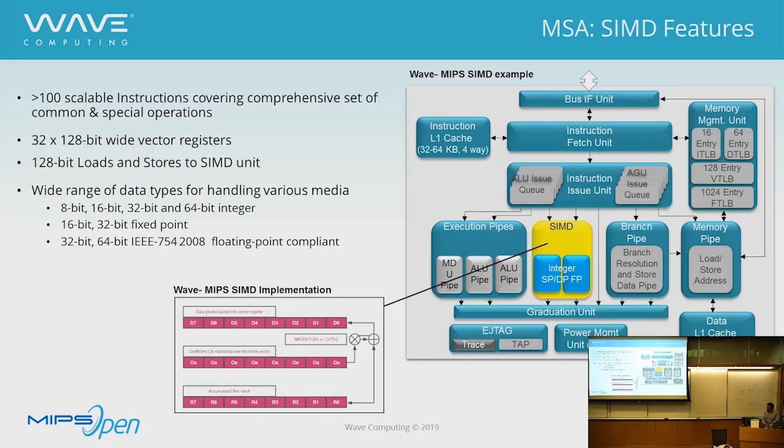Next thing I was going to mention, and these are the capabilities available through MIPS Open R6. So if you want to create your solution for next generation products, it's available now. You don't have to create a working group to do it.